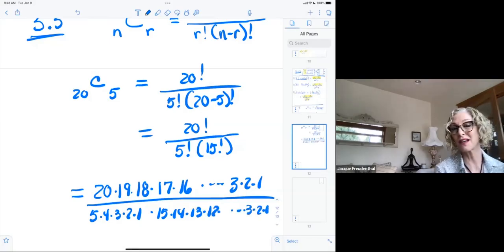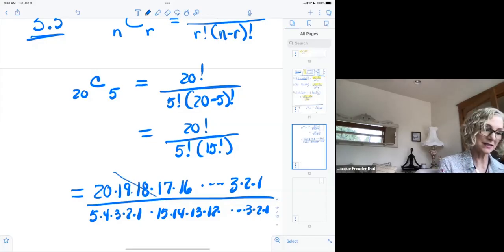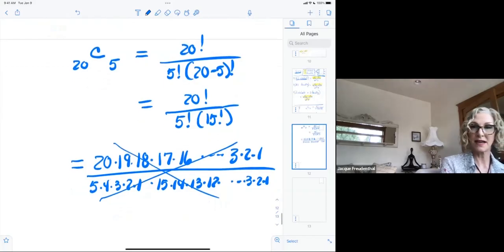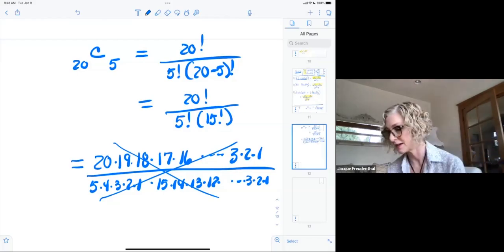This is a lot of tedious multiplication that you don't need to do, but that's what that symbol represents. So just know that 20 factorial is a giant number.